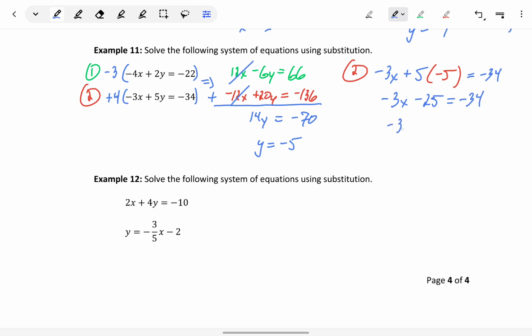If we add 25 to both sides, we'll get -3x is equal to -9, and then dividing both sides by -3 will give us x is equal to 3. Meaning our solution will be the coordinate pair +3, -5.